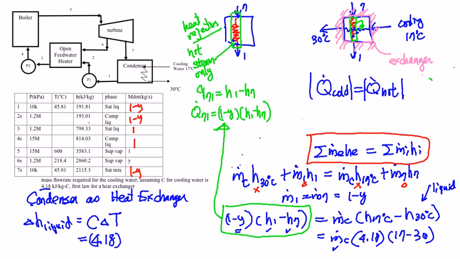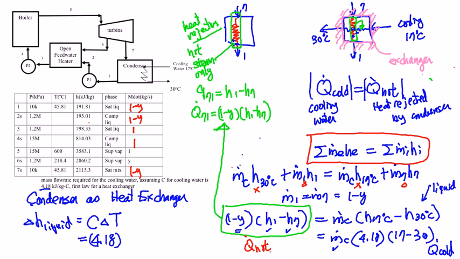In our case, the cold fluid is represented by the cooling water, and the hot is the heat rejected by the condenser. From our governing equations point of view, this is your Q hot, and this is your Q cold. Okay?